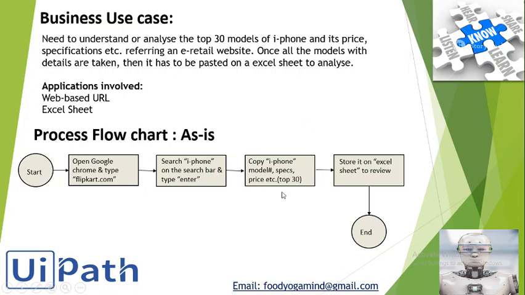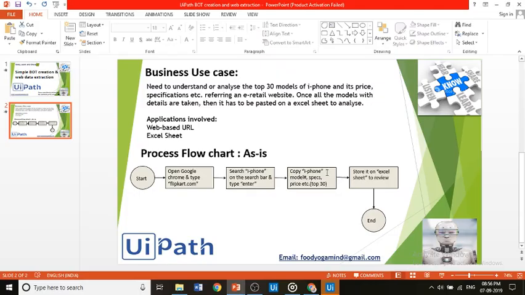Once it extracts all the data, it will store it into an Excel sheet to review, because this is the business requirement: they wanted to store the top 30 iPhone details in an Excel sheet.